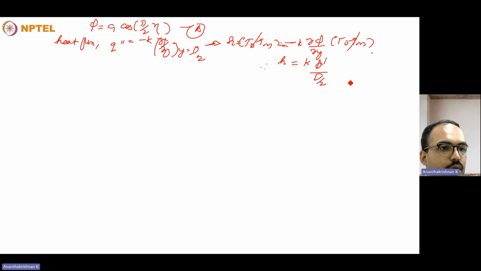I beg your pardon, it is dou phi by dou Y, and we put eta equal to minus 1. So at Y equal to minus D by 2, we try to solve this.